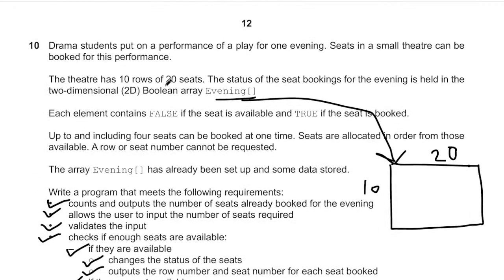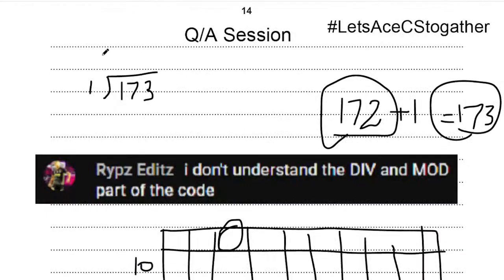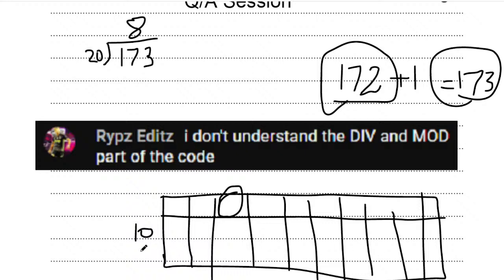Yeah, we have 10 rows of 20 seats. So basically I was dividing it wrong. I should divide it by 20. When I divide it by 20, it would be something like 8. That means your seat would be somewhere in the 8th row, because 20 times 8 is 160.